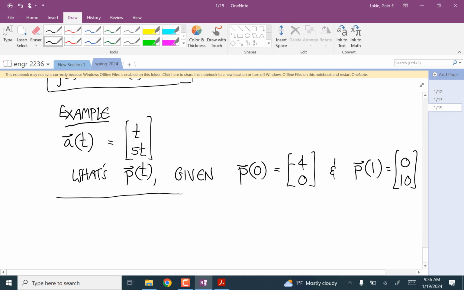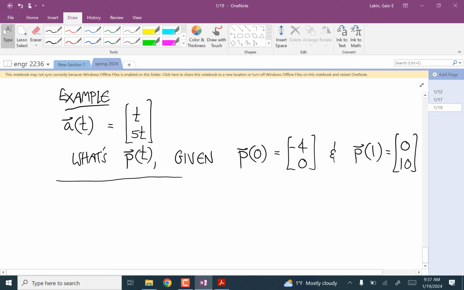But those are the ones we have to use. What I did in the last class when I did a problem like this, I used a boundary condition for position, and then I used a boundary condition for velocity. It's a little easier to do it that way because you can do it in steps, but you can do it like this too. Okay, so how are we going to do this?